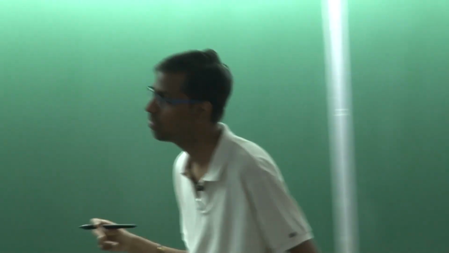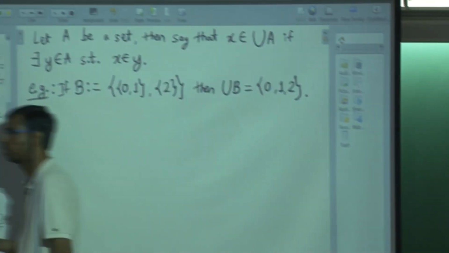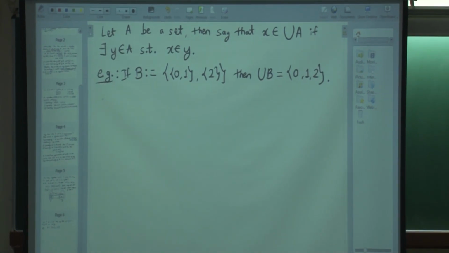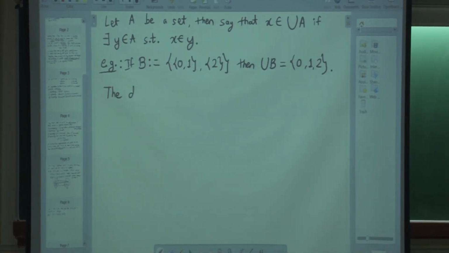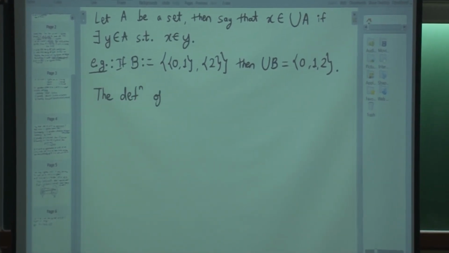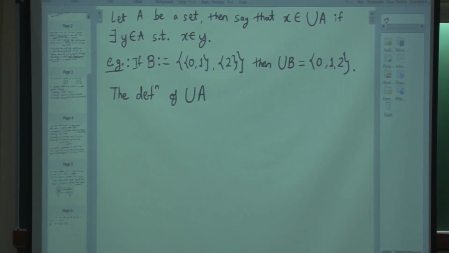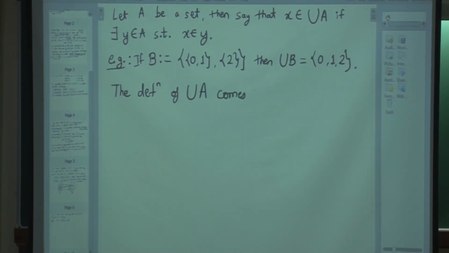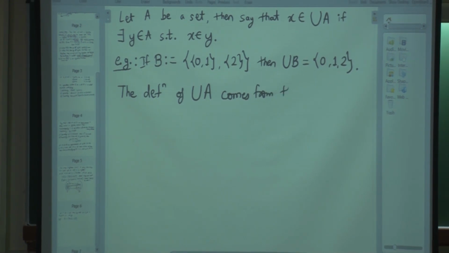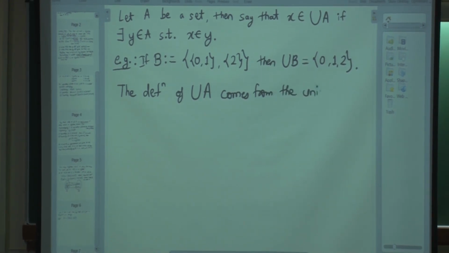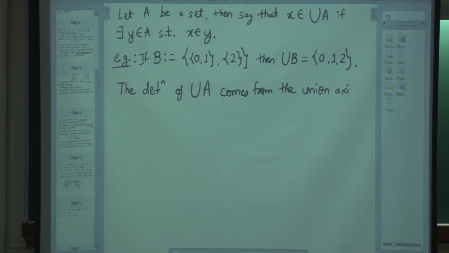So this definition of union of A comes from the union axiom of ZF set theory.